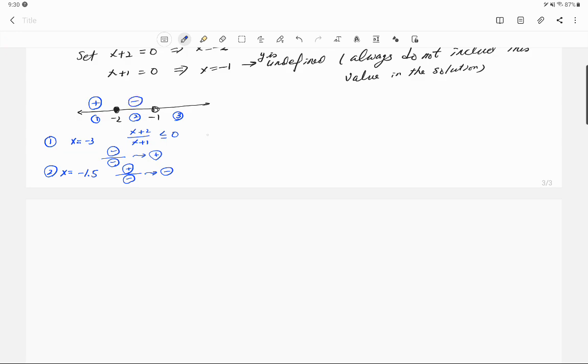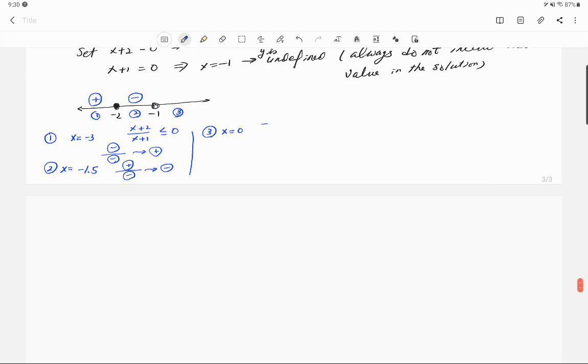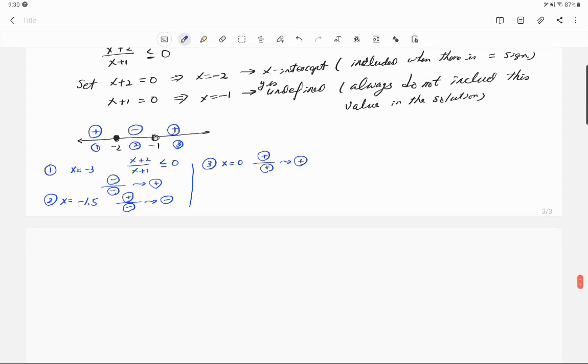Let's try one more. If x is greater than -1, why don't we let x equal 0? Then 0 plus 2, the numerator, is positive, and the denominator is also positive. So the result is positive, so the y value is positive for this interval.